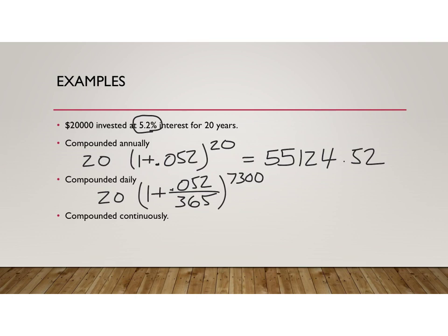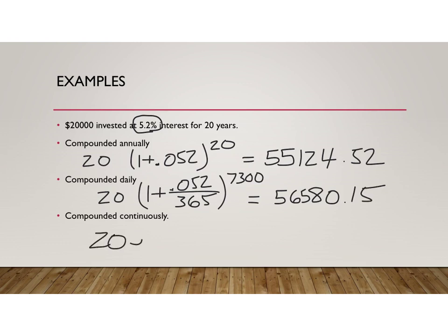I'm going to divide by 365, take it to the 7,300th power. And I get 56.58, which would be $56,580.15.